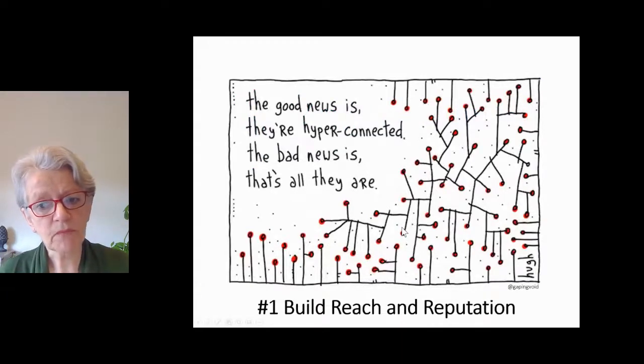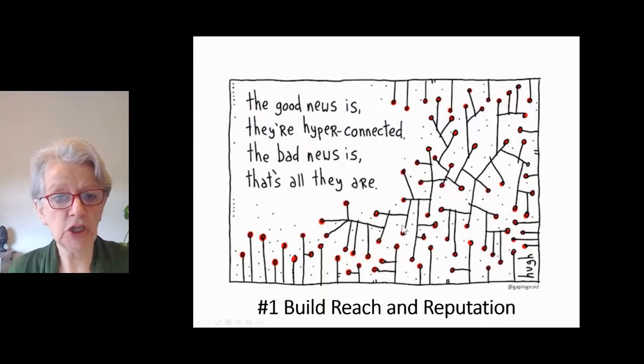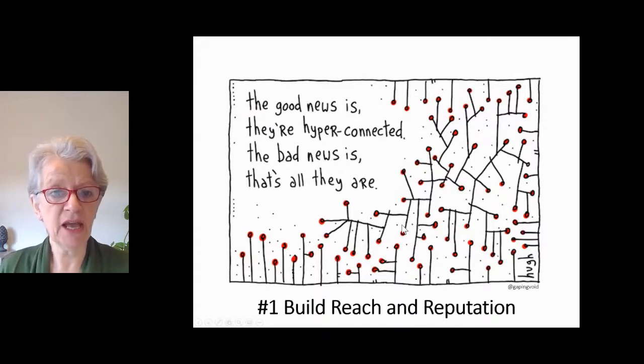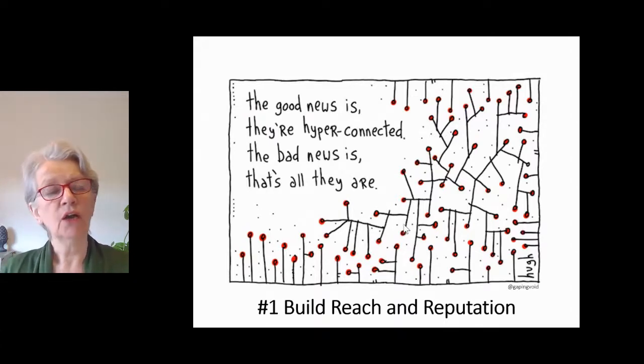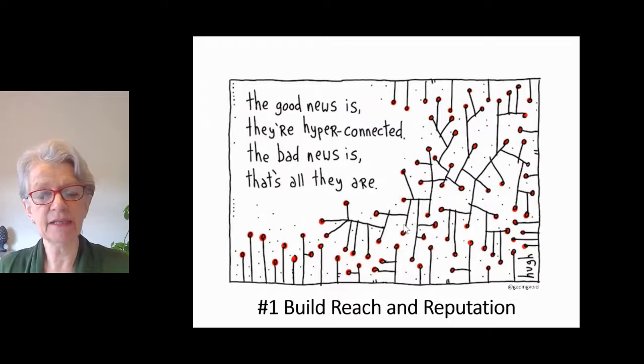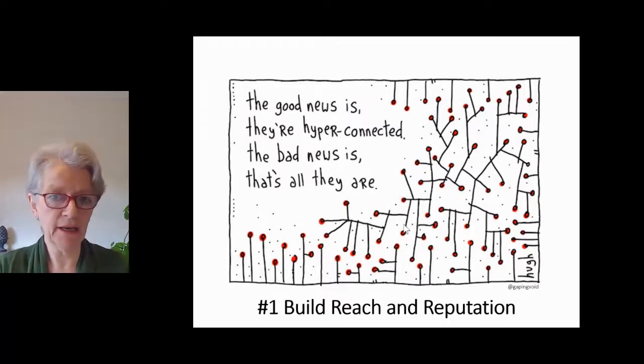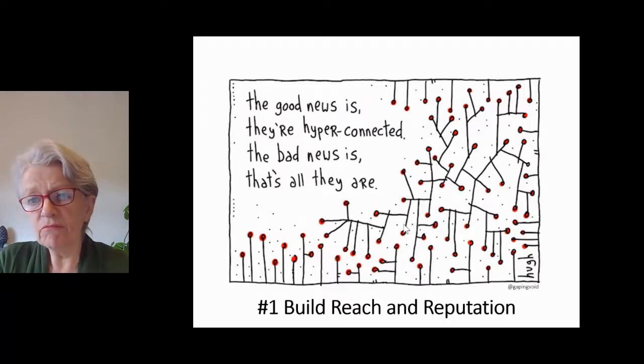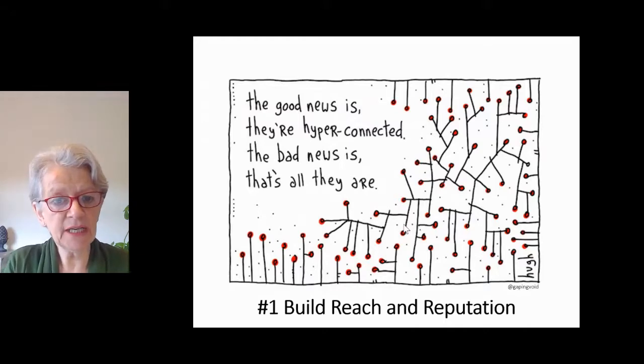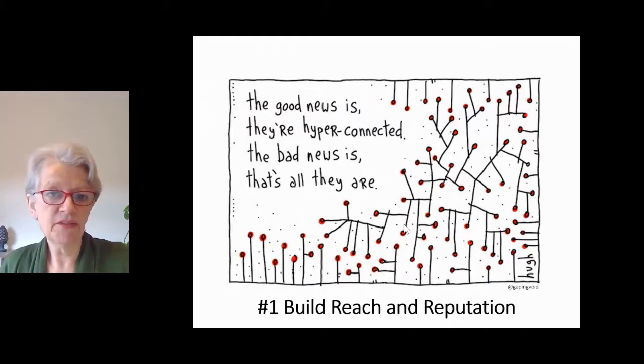Now let's take a look at building reach and reputation, because one of the bigger issues on LinkedIn is just going connect, and not perhaps even understanding who you're connecting with, and possibly then not pursuing that relationship.